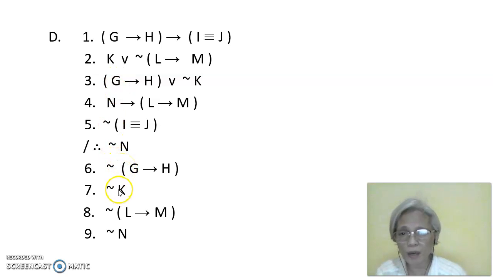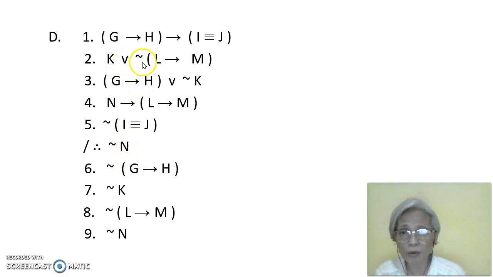Number 7, we have not K. This is by applying disjunctive syllogism, you have P or Q, you have not P, therefore Q. In our example, not Q is not K. And then number 8, not L implies M, by applying disjunctive syllogism.